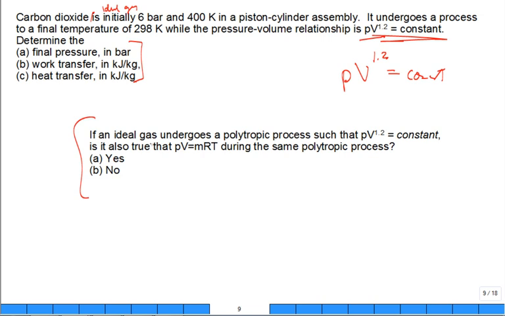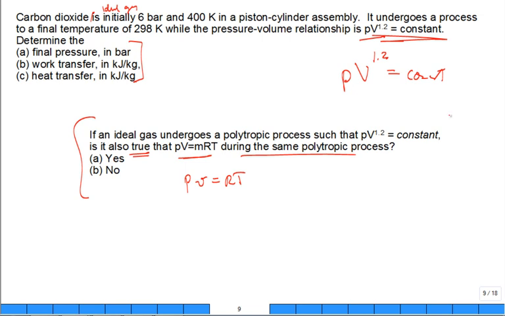If an ideal gas undergoes a polytropic process such as PV to the 1.2 is equal to a constant, is it also true that PV is equal to mRT or PV is equal to RT or whatever form of the ideal gas equation is also true during the same polytropic process?